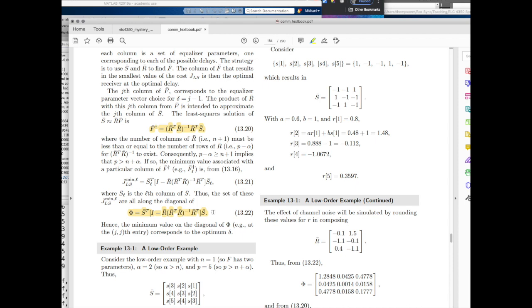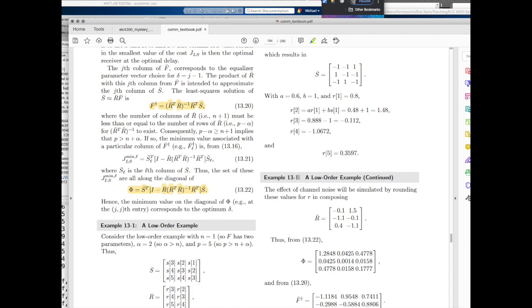I know that's a lot. We're going to walk through this example 13-1, a low order example of how these calculations work, and it'll give you a little better feel for how everything works out with this least squares matrix approach towards equalization.